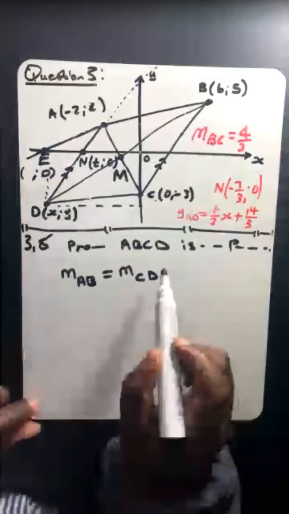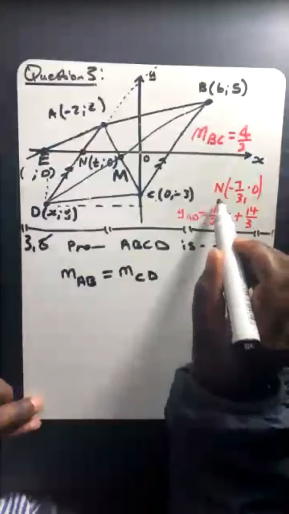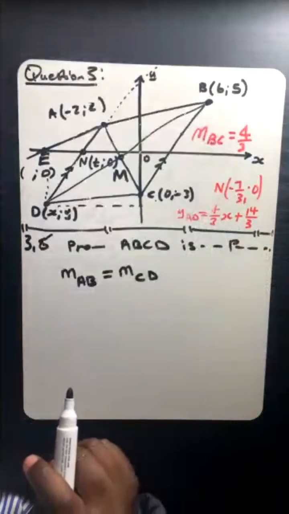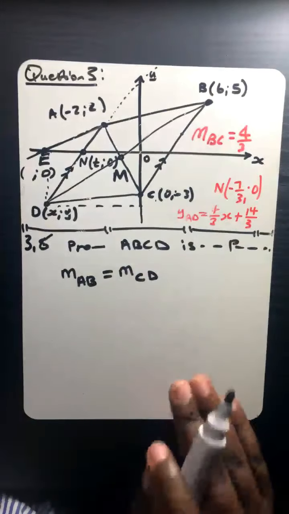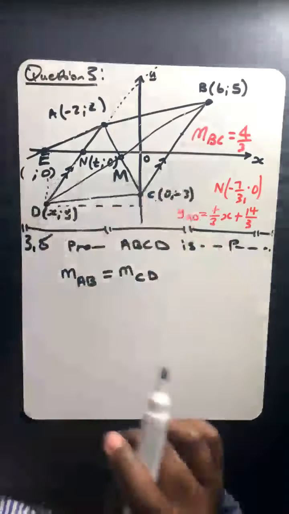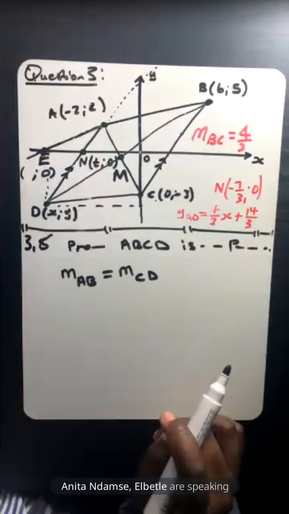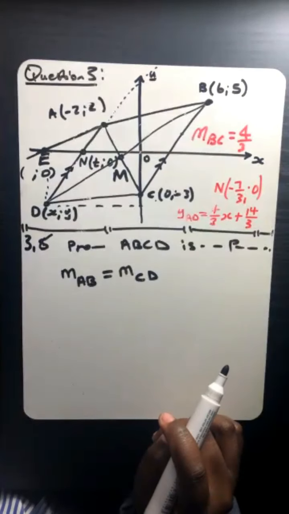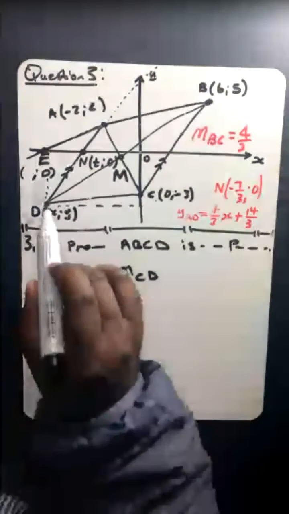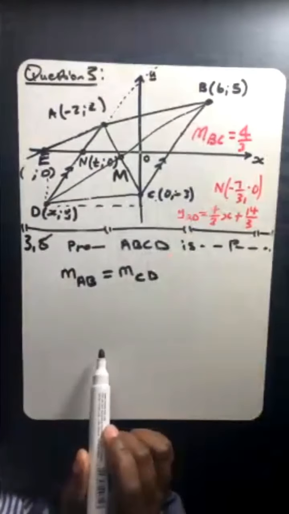But you don't need to perform a lot of calculations, guys. We already know the gradient of AD. Do we know the gradient of DC? No, sir, we didn't calculate it. But if we know an equation of DC, then we must know the gradient of DC.